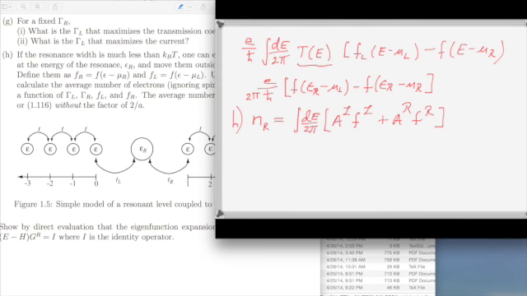And so A left is our gamma left. It's just gamma left, G, R, R, gamma left, right? And this is just gamma right, G, R, R, gamma right.